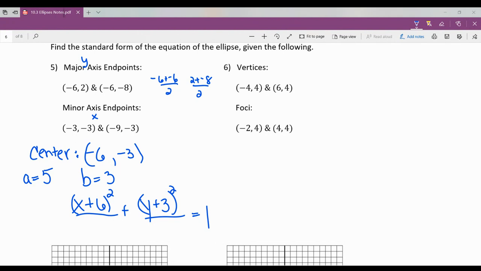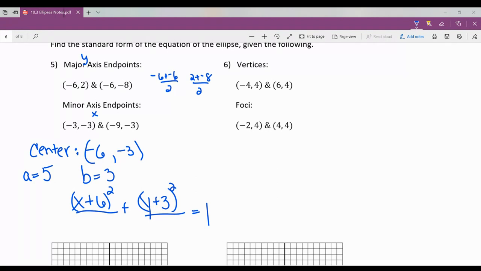Now I have to figure out which one a squared goes under, the x or the y. My major is my y, so my a squared, 25, is going to go under my y. My minor, my b squared, is going to go under my x. So 3 squared is 9. And there's my equation.